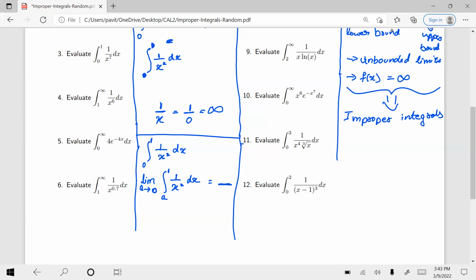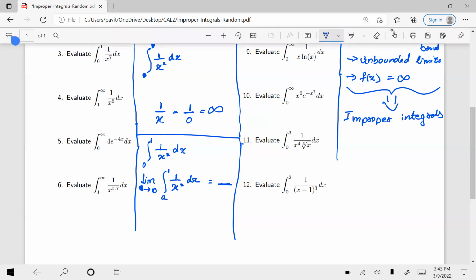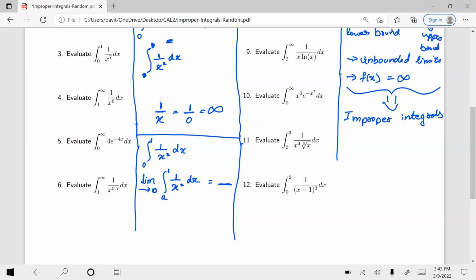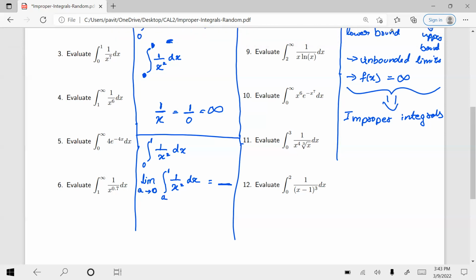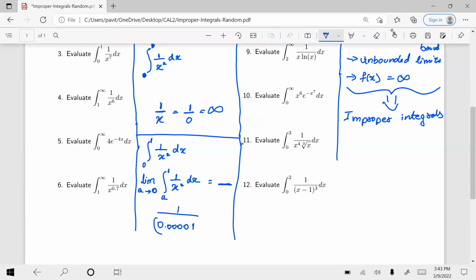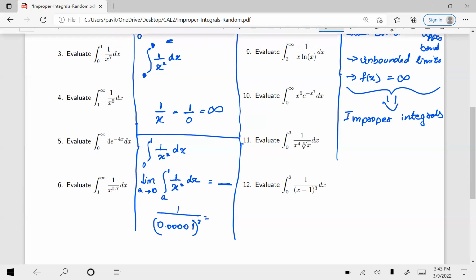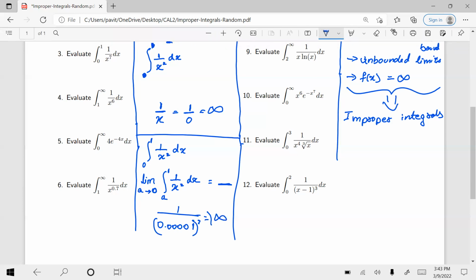We will not get infinity. Okay, the reason is that we are not saying that the number is 0 exactly, but we will take some number which is very close to 0. It can be 0.00001. Okay, 1 over this number will not give you infinity.